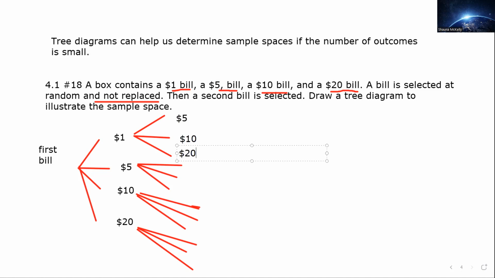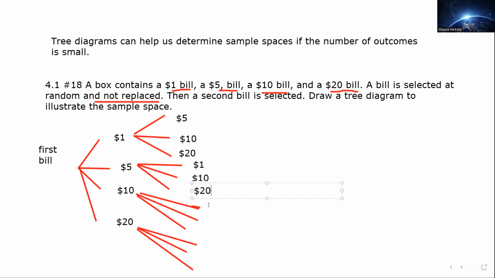And then if I drew the 5 the first time, then I have the $1 bill. Remember, I don't have the 5 because I drew it here. So this is the $10 bill and the 20.